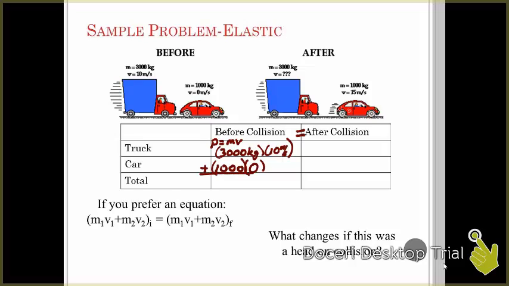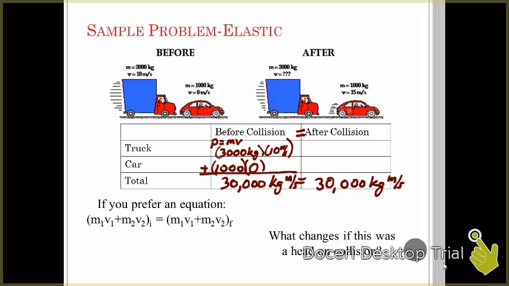If I add those two together, we get a total momentum of 30,000 kilogram meters per second. Now what the law of conservation of momentum tells us is that total before has to equal total after. So momentum is conserved, and the sum of those two momenta has to add up to that same number.